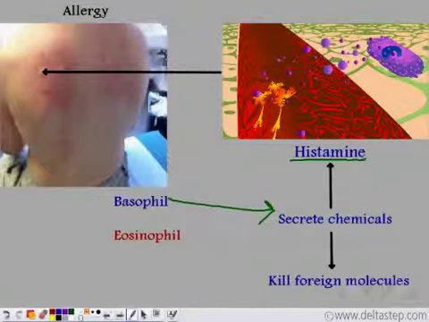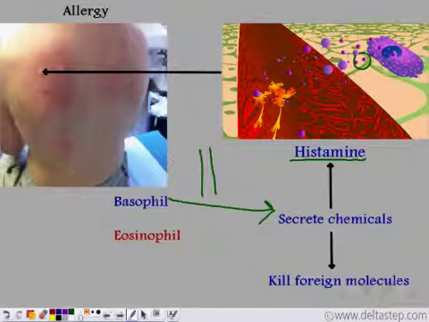So what is the function of histamine? Histamine dilates the blood vessels. So if a blood vessel is narrow like this, histamine secreted by the basophils will increase the breadth of the vessel and make it broader.